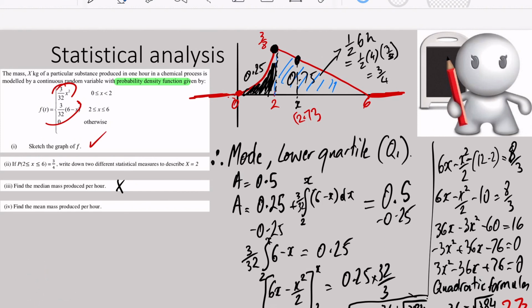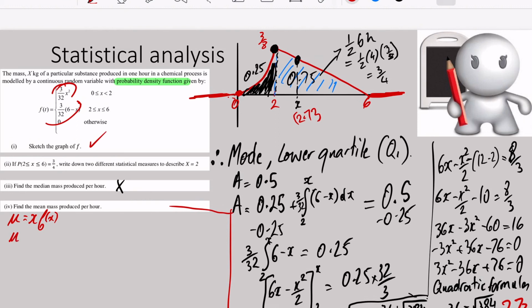Now the last one is all in relation to the mean of this PDF. Ooh, let's try to fit it in over here. Alright, now the mean of the PDF. Well, we know that the mean from the formula sheet is given to us as the sum of x f of x. Now we apply that to discrete data, but we can also apply it to continuous data as well.